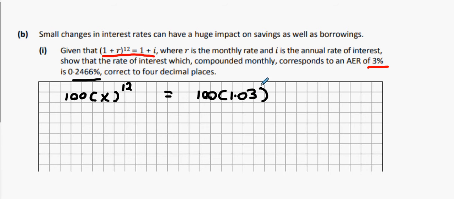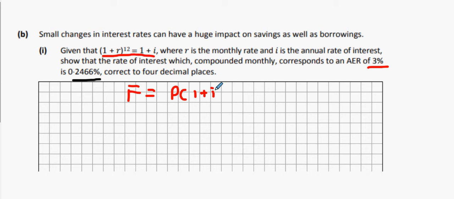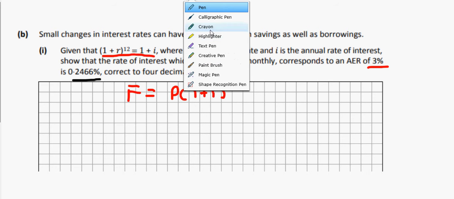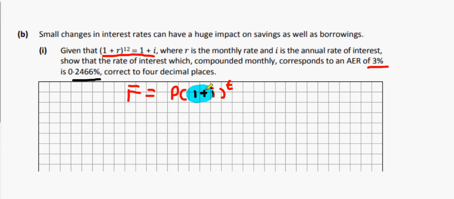So here's what I do in your shoes. Okay, you all know the formula F equals P(1 plus i)^t. Cool with that? Now, see this part here, would everybody agree? It's usually a number like, for example, if it was 1.03, the answer would be 3%.